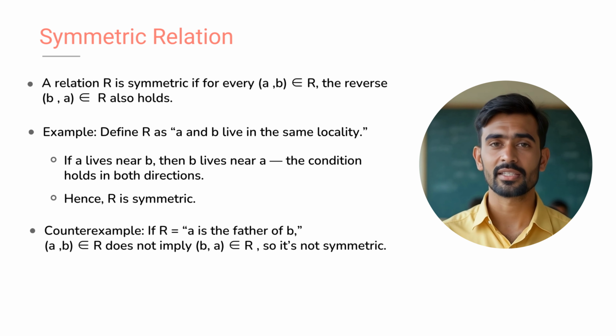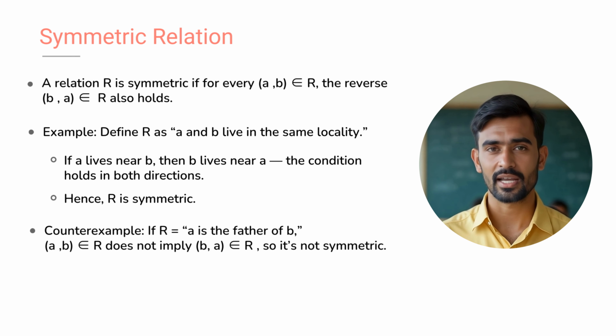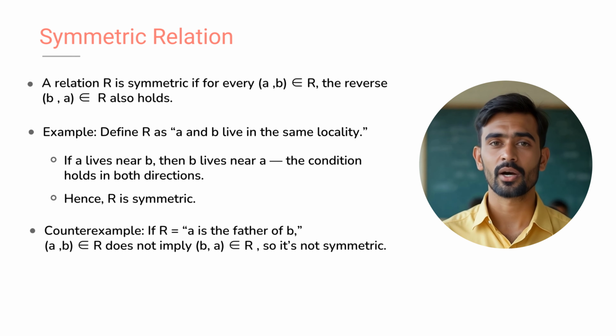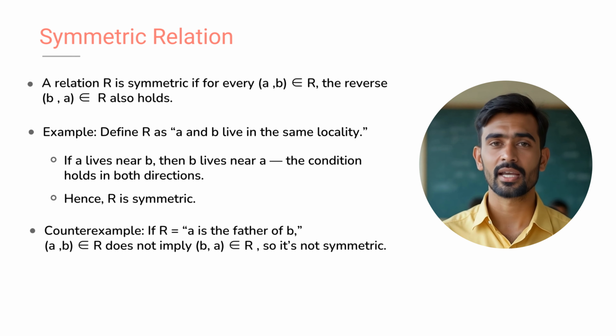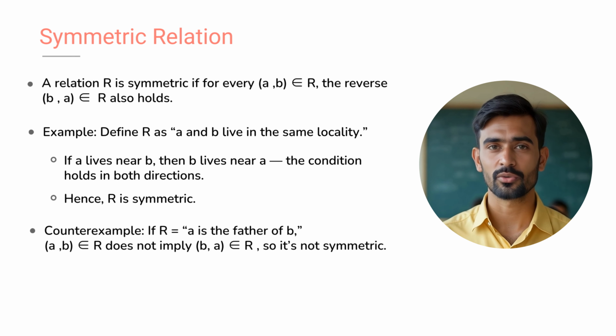Now let's look at symmetric relations. A relation R is said to be symmetric if, for every pair (a, b) in R, the reverse pair (b, a) is also in R. Let's make it simple with an example. Suppose R is the relation "a and b live in the same locality." Now think, if a lives near b, then of course b lives near a too.